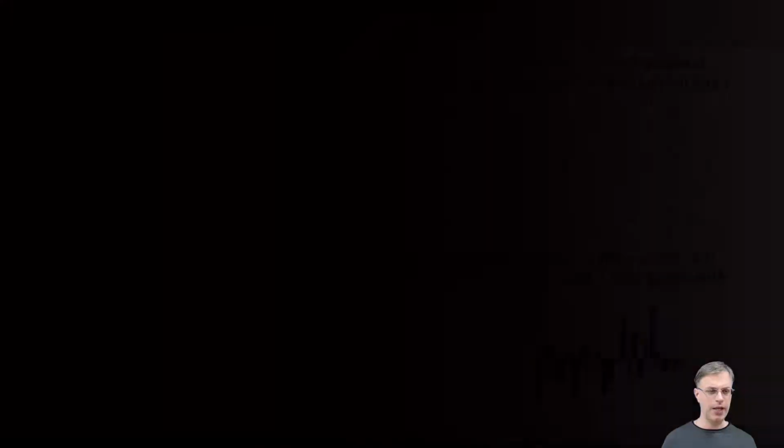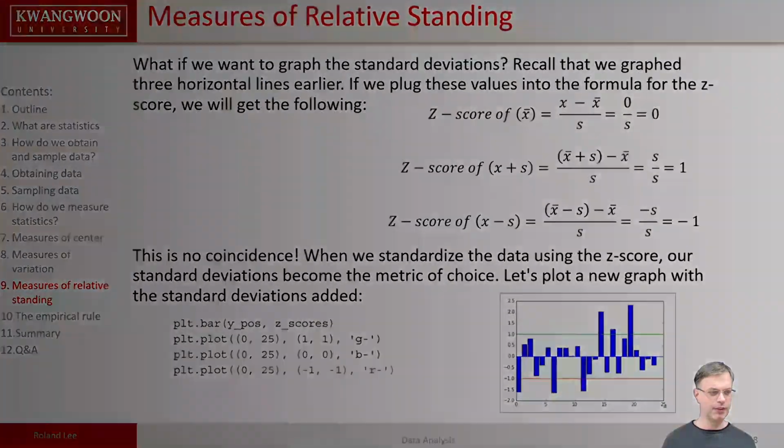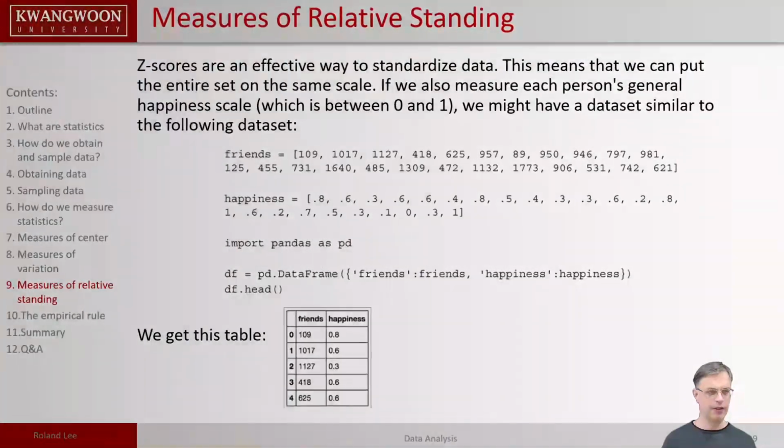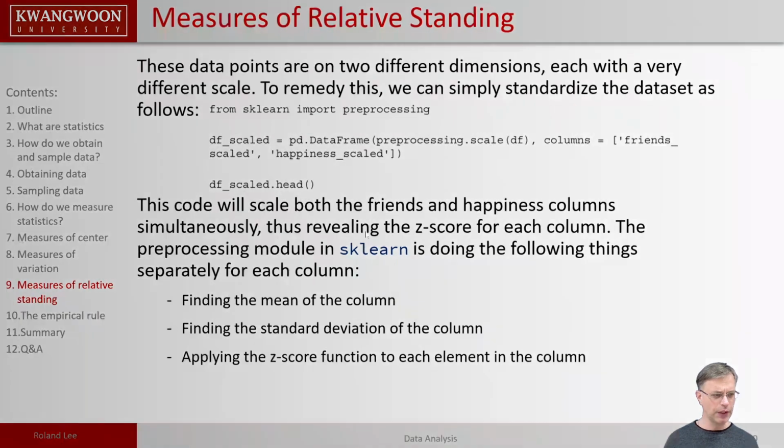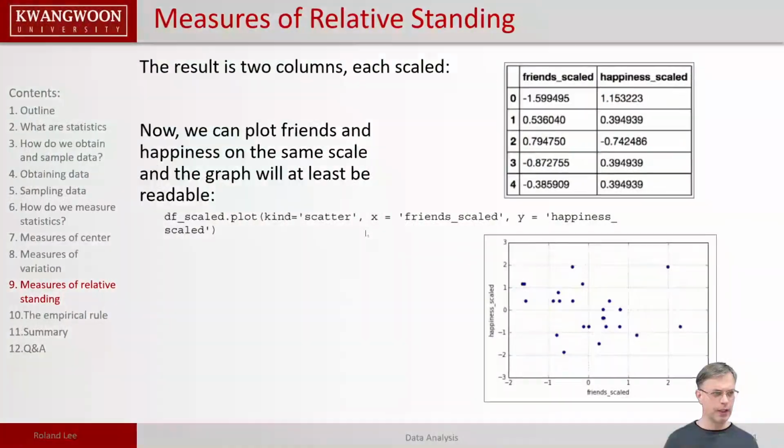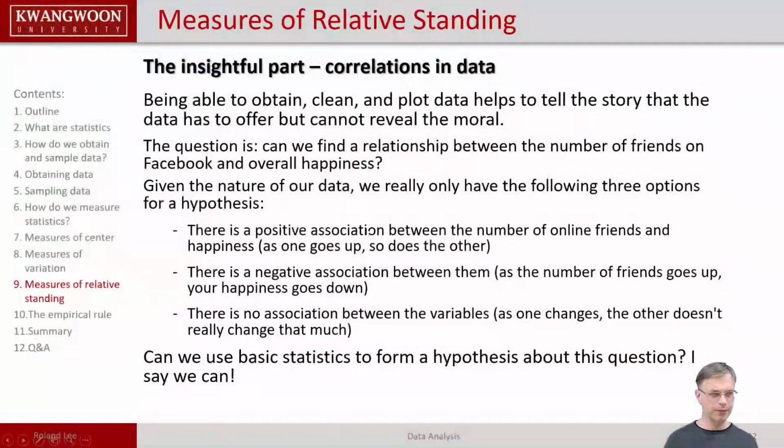And we went through these calculations, and we got a data table, and these data points are on two different dimensions. So let's look at them. We could normalize them.